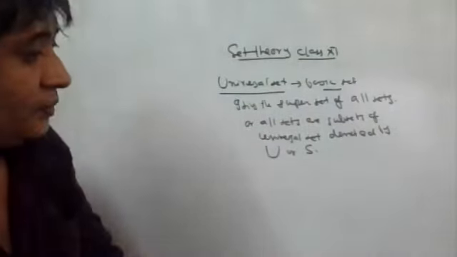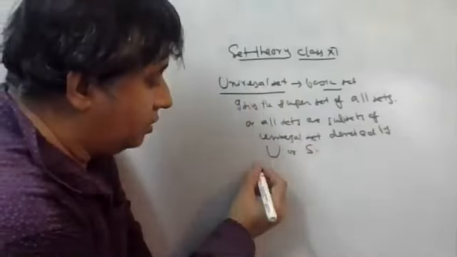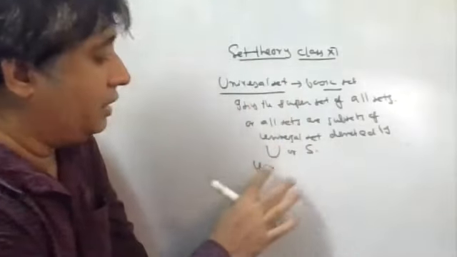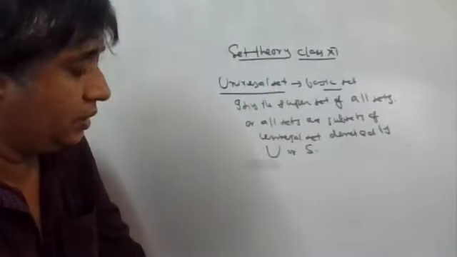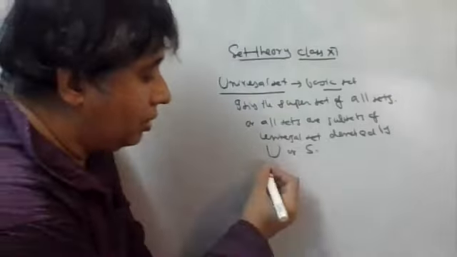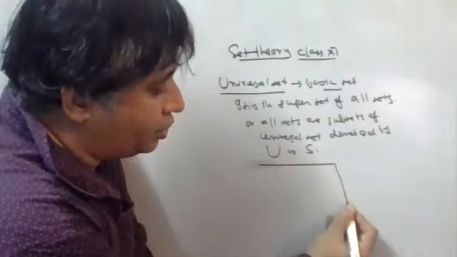Now, universal set is the superset of all sets, we have come to know. Now, let us draw one figure.